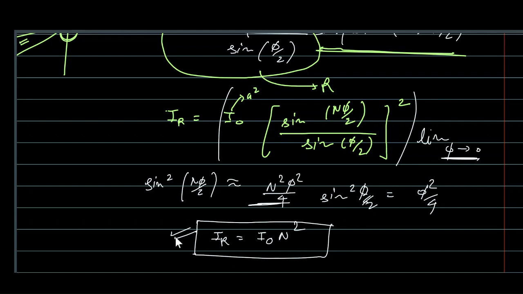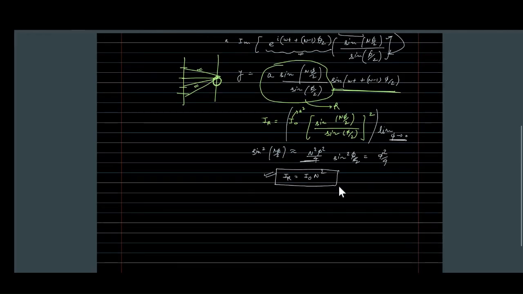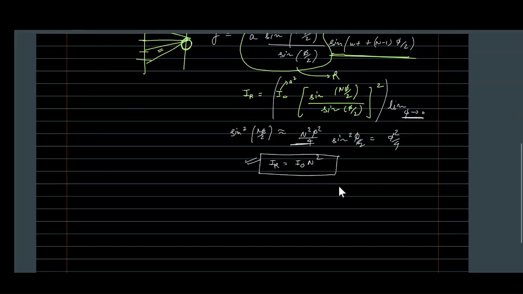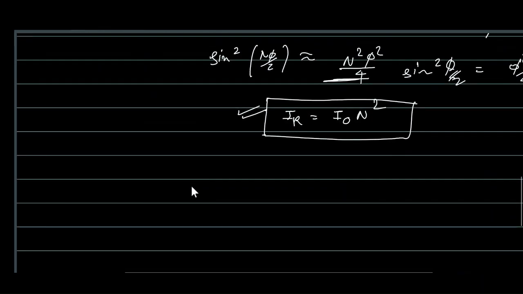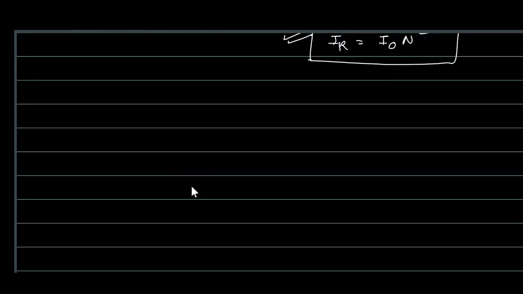Now we will try to find the location of secondary minimas. We have found one of the maximas; till now we have not found all the maximas. Now let's find the location of secondary minimas. To find the location of secondary minimas, we can set IR to 0.